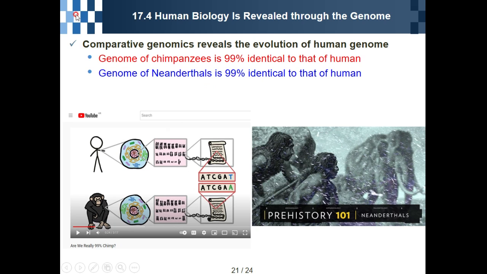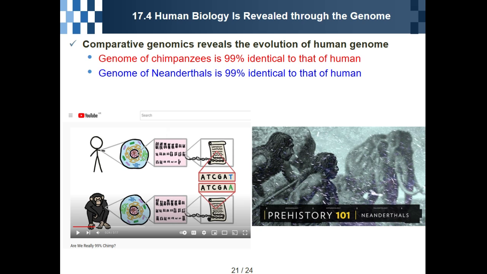And also, through comparative genomics, we can reveal the evolution of the human genome. For example, after we did the human sequencing, and after we did the chimpanzee genome, people were astonished to find that the human and chimpanzee genomes are 99% identical.